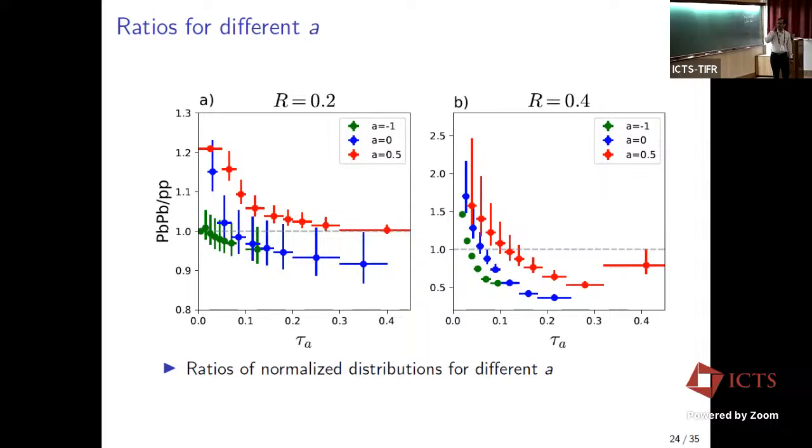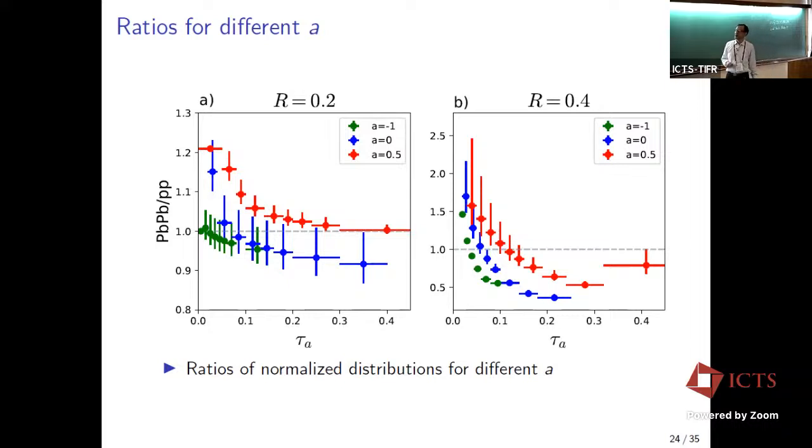Okay, and so these are results for 0.4 and then 0.2. And one thing to note is that in the formalism we use, if tau becomes comparable to R, then you can get very large power corrections.